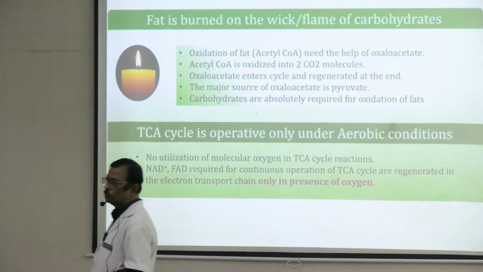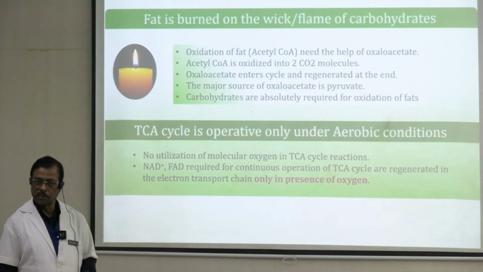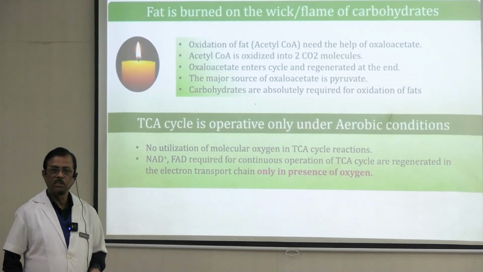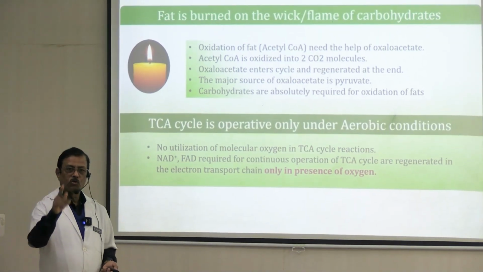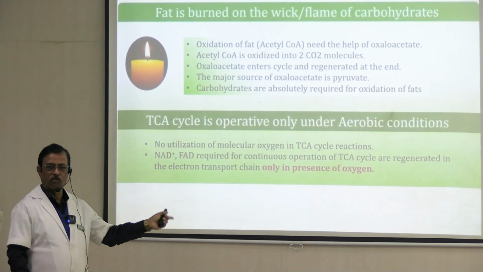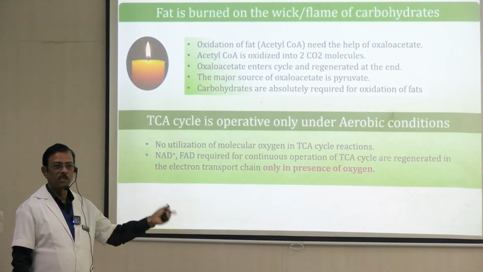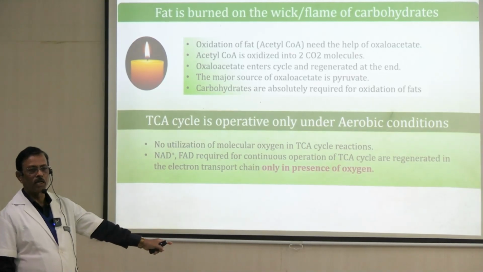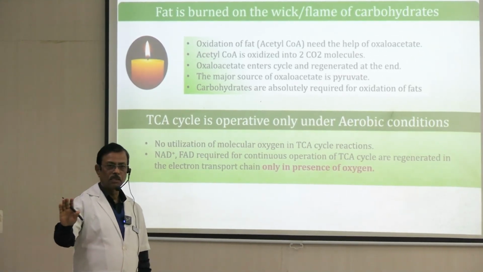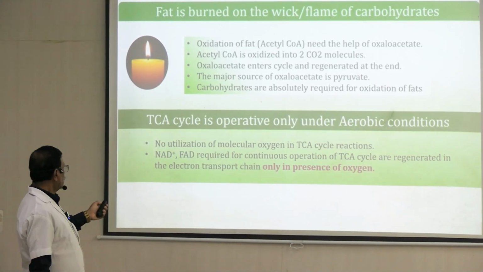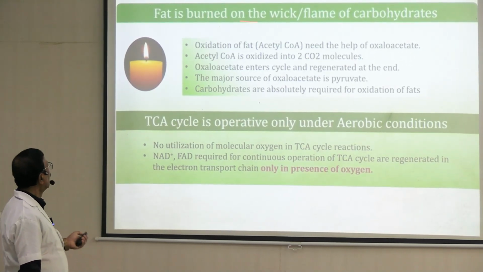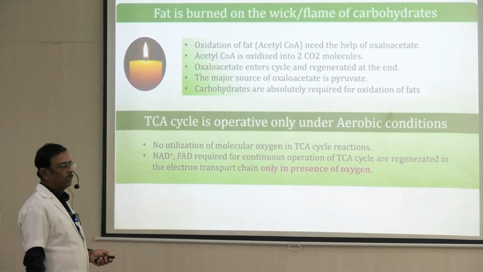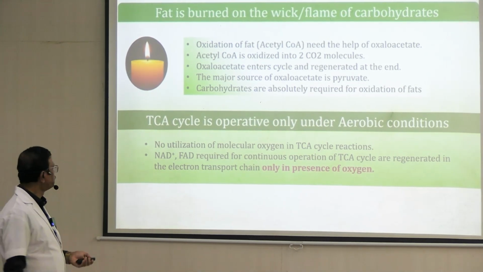Acetyl-CoA condenses with oxaloacetate to form citrate. Oxaloacetate is nothing but carbohydrate derived. So, to burn the fat, we need the carbohydrate. Without oxaloacetate, this acetyl-CoA cannot enter the TCA cycle. Understand? Clear? That's why we say fat is burned on the flame of carbohydrate.